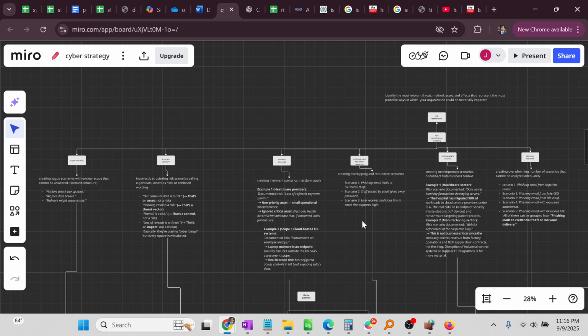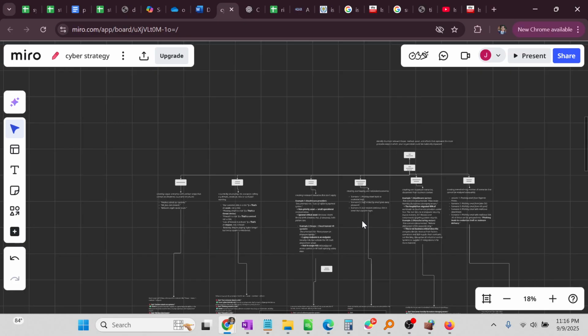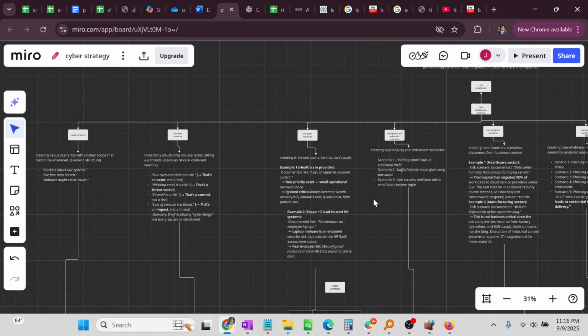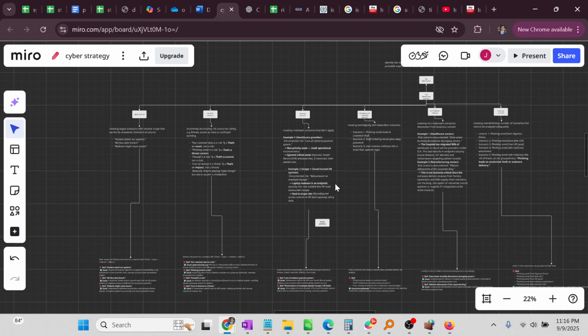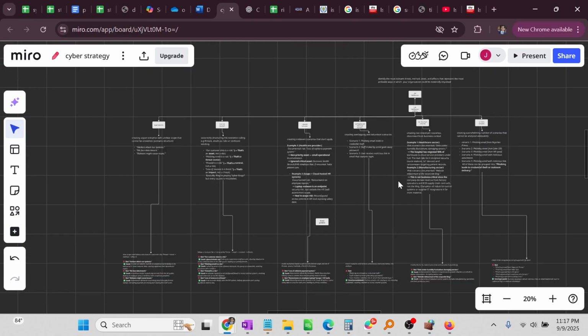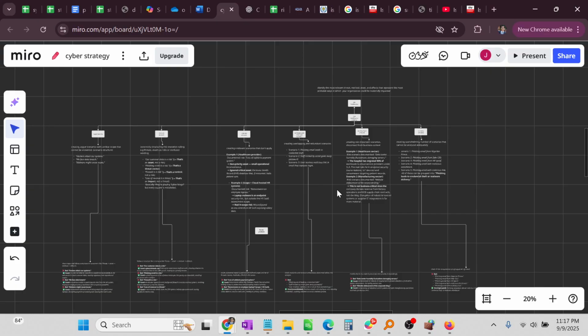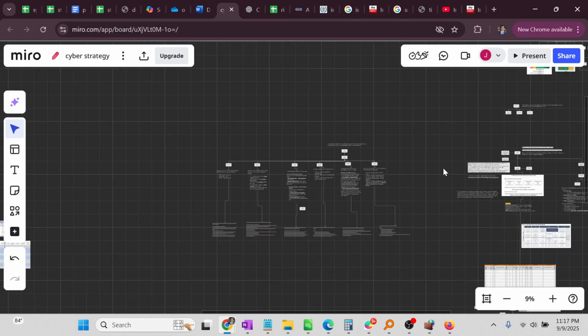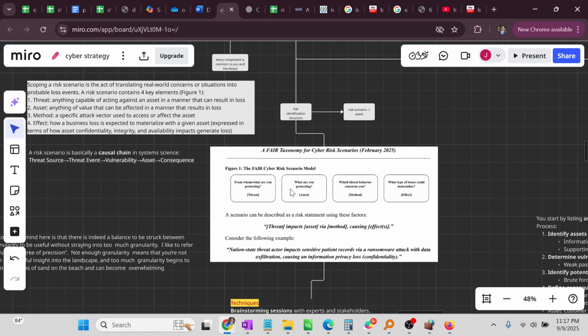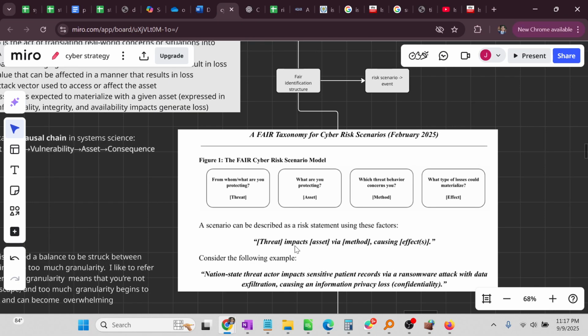So just take some time to see if you can help fix these problems if you are in this risk area, and you are responsible for risk identification. Using this FAIR structure, in my opinion, would be very good. It's like saying threat impacts asset via method causing an effect.